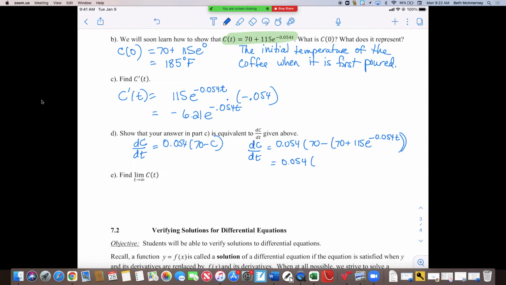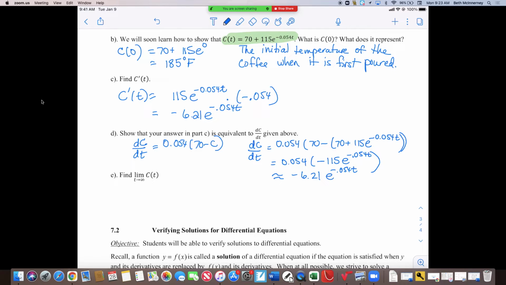So the 70 minus 70 cancels, and then I do have to distribute that minus sign, and look what we get. We do get the same thing. So it's kind of interesting to see two different forms for that derivative. That's going to play out for us in this unit. It'll make a lot of sense.